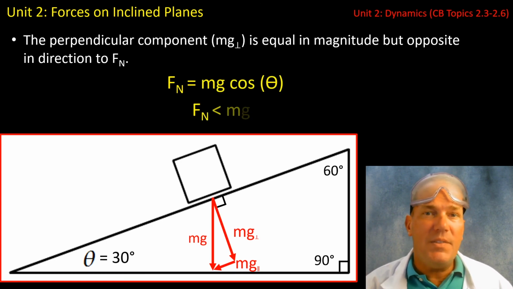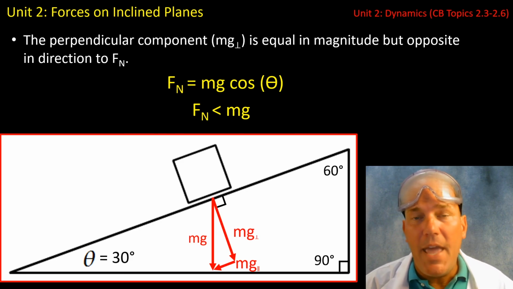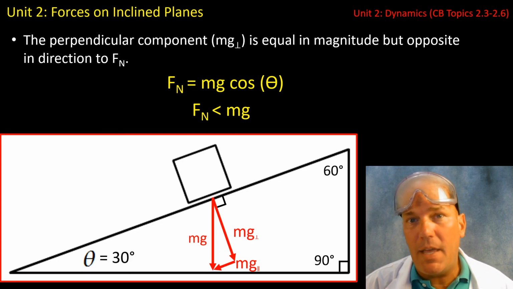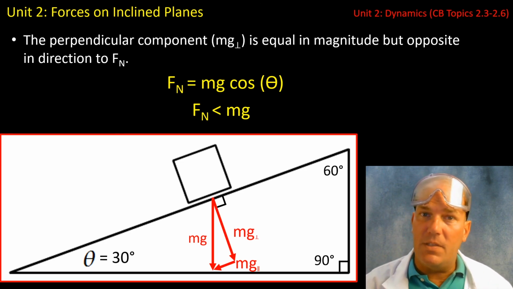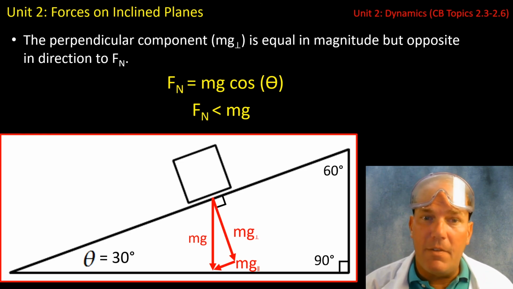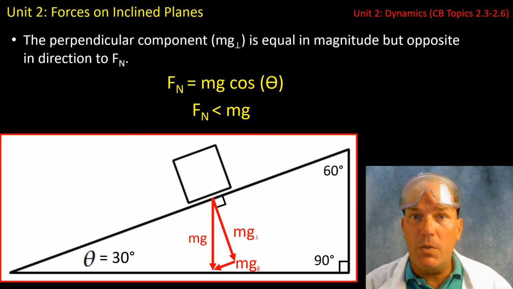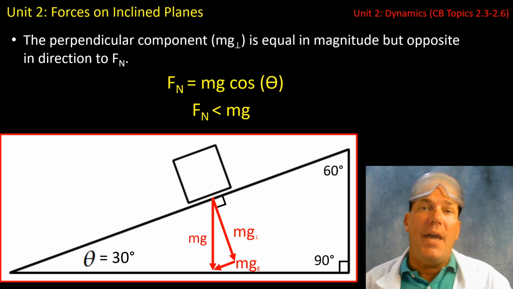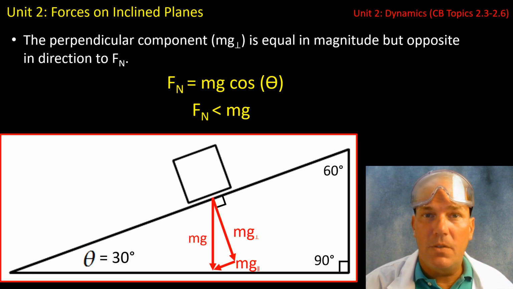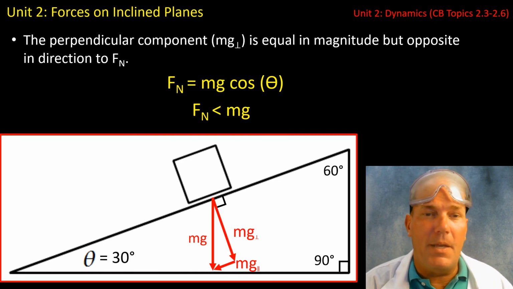So force normal does not equal mass times the acceleration due to gravity, as it would for an object that is horizontal. It now is a component of the force of gravity, namely mg cosine theta, which means force normal is always going to be less than mass times the acceleration due to gravity for an object at rest, no other forces acting upon it.